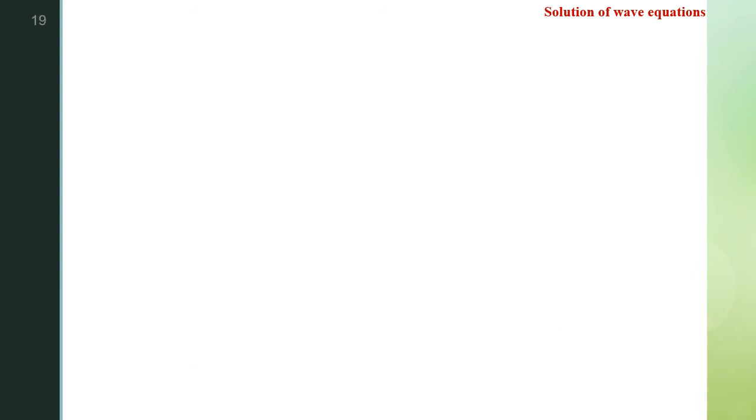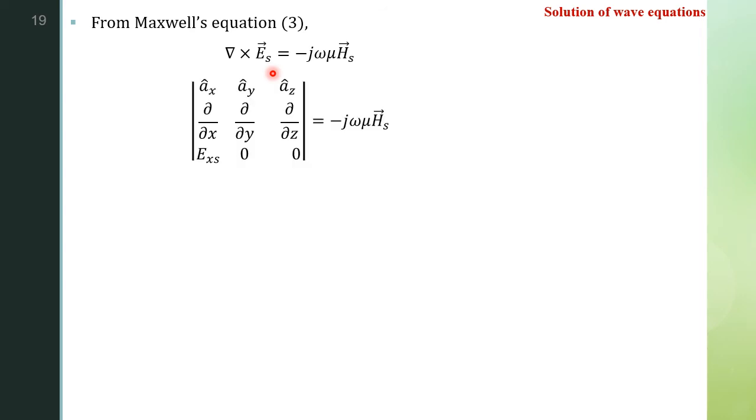Now, to find the magnetic field intensity vector, we are making use of Maxwell's equation 3, which is given by del cross Es is equal to minus j omega mu Hs. When you consider del cross Es, we are taking the curl of the electric field. On expanding it into the determinant form, we have Ax cap, Ay cap, Az cap.